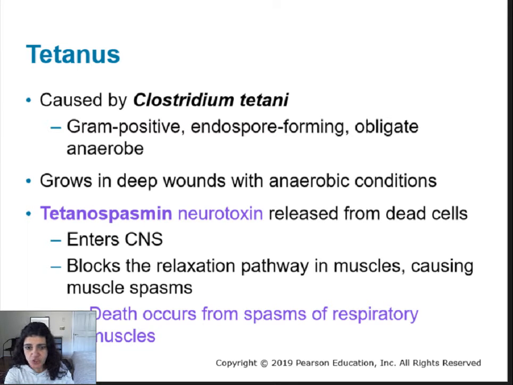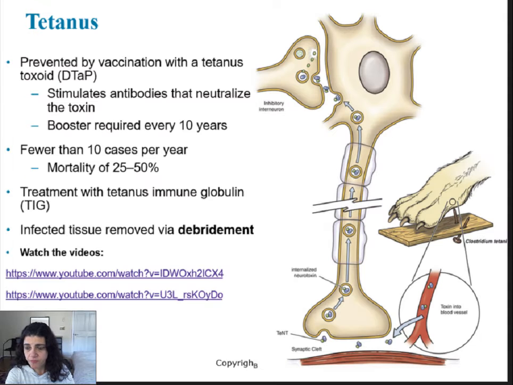Let me just show you this picture. So this is what happens, right? You have a synaptic cleft here, and then the toxin is released from the blood. It goes into the motor neurons. It moves in what we call retrograde action because it moves in the opposite direction of the synapse, and it keeps moving up and inhibits the inhibitory neuron, which is this one right here.